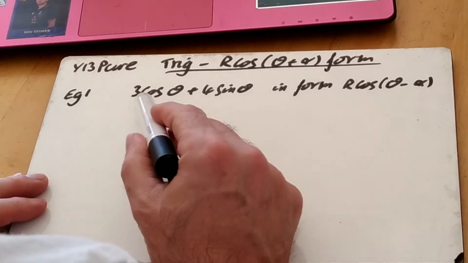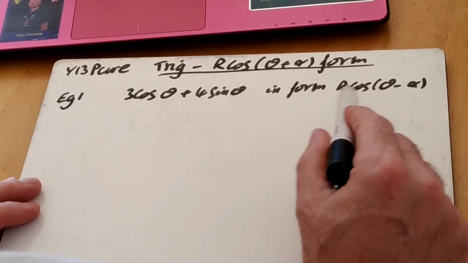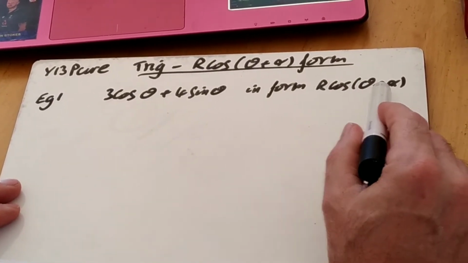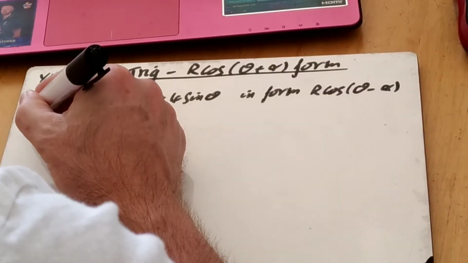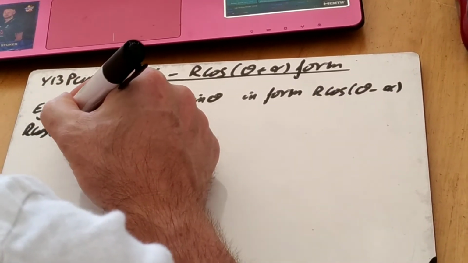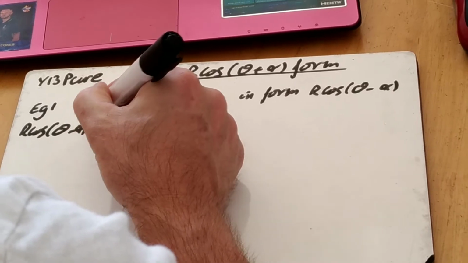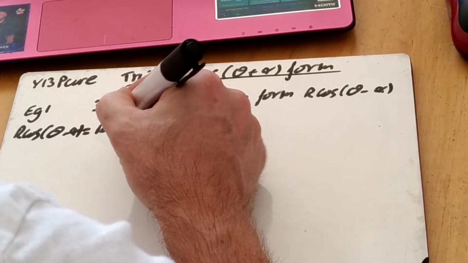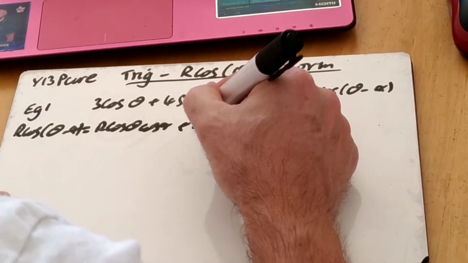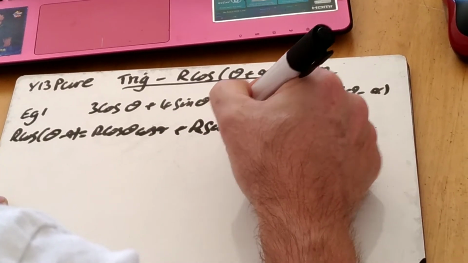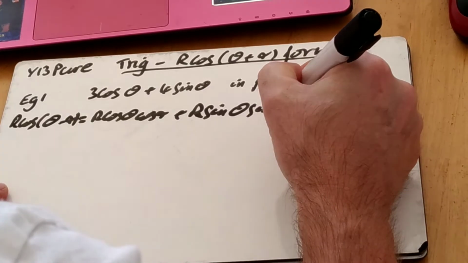First thing I'm going to do, underneath the function here, I'm going to rewrite the form that they want it in and expand it. I'm basically looking to match coefficients, so I'm going to write R cos(theta minus alpha) there, and it equals R cos theta cos alpha plus R sine theta sine alpha.